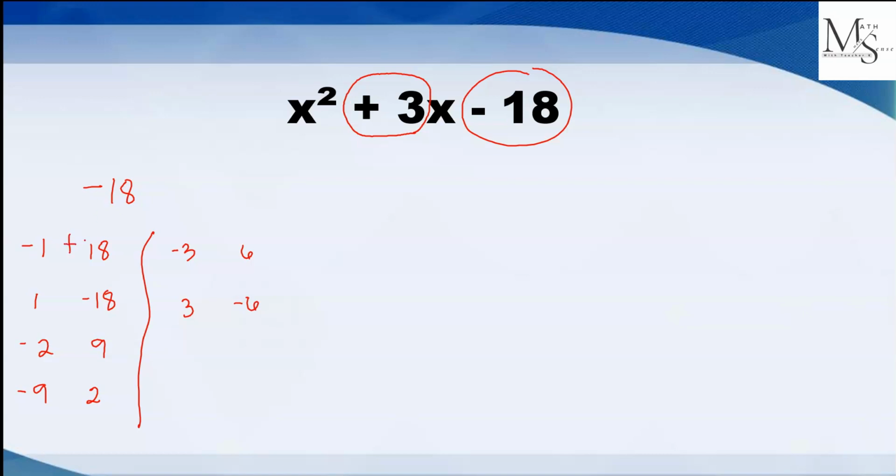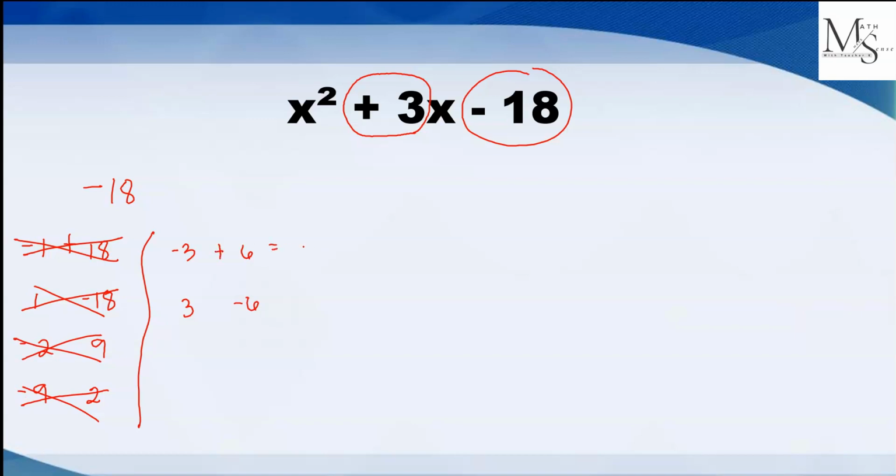Negative 1 plus 18 is 17, so we cannot use these factors. 1 plus negative 18 is negative 17, so we cannot use these factors. Negative 2 plus 9 is positive 7, we cannot use these factors. Negative 9 plus 2 is negative 7, so we cannot use these factors.